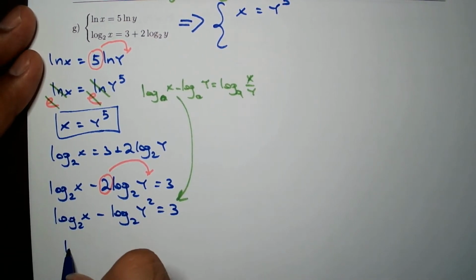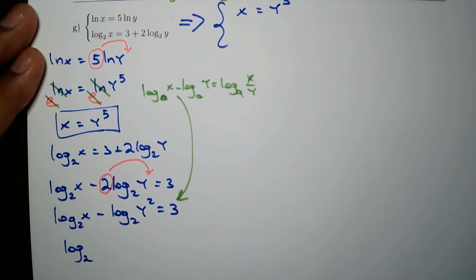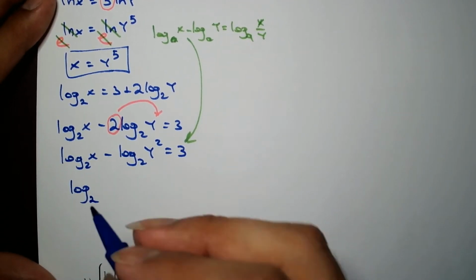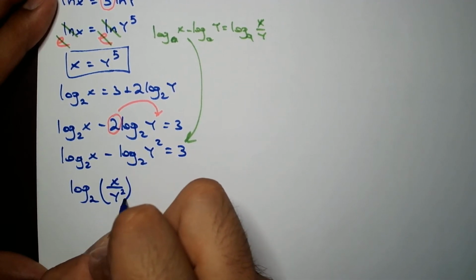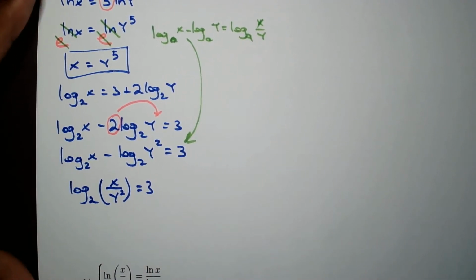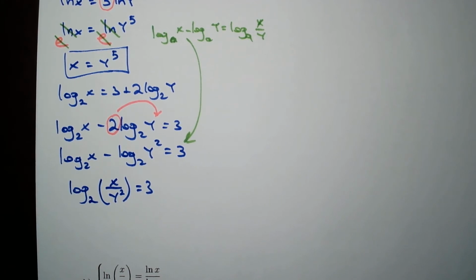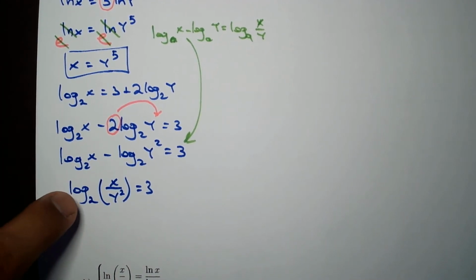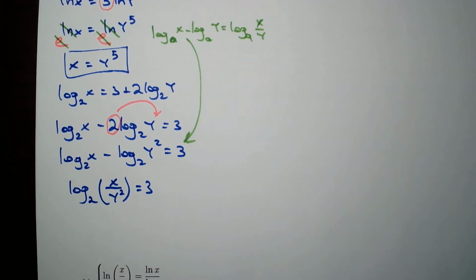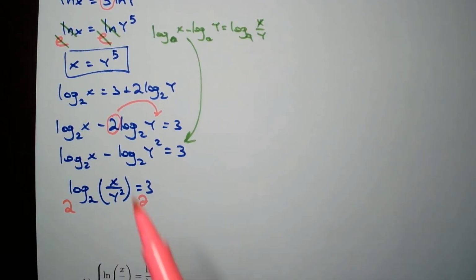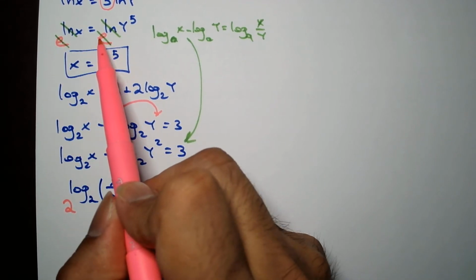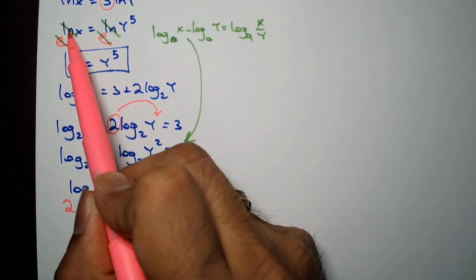So log base 2 of the quotient x over y squared equals 3. And in this case, we're ready to get rid of the logarithm by exponentiating. Notice in the previous case I exponentiated base e because ln is basically log base e.